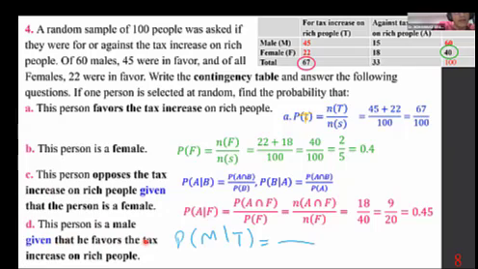After the given, favors the tax increase. Let's go see how many people total are interested in tax increase. 67, that's your denominator. I hope you see after the given is the denominator. So 67.